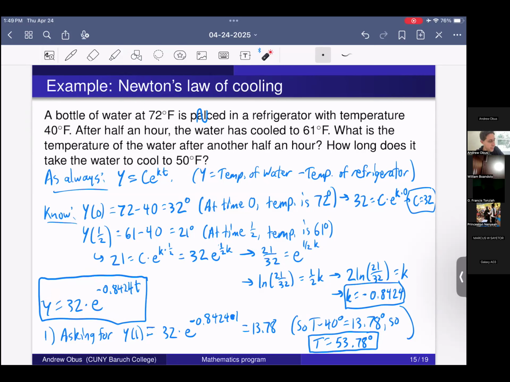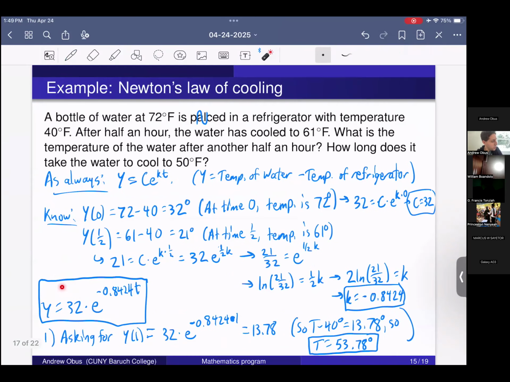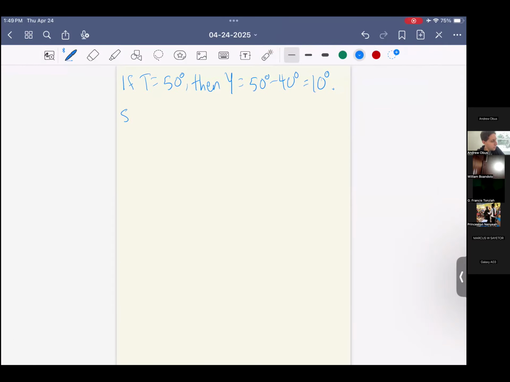So remember, if T is equal to 50 degrees, then y is equal to 50 minus 40 equals 10 degrees. So solve 10 equals 32 times e to the minus 0.8424 t. It's saying 10 over 32 equals e to the minus 0.8424 t.